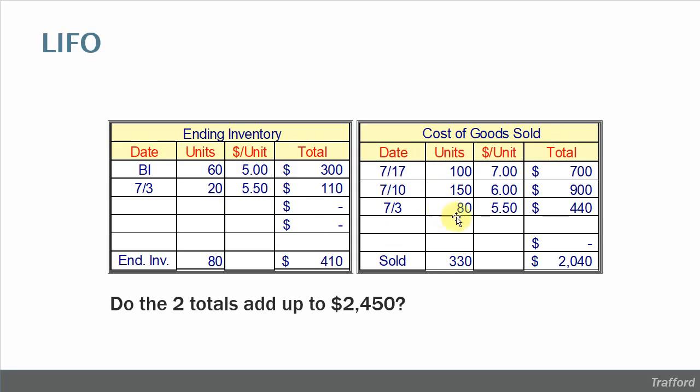When you do the math and add it up, you come up with cost of goods sold under LIFO as $2,040. And once again, they add up to the $2,450.